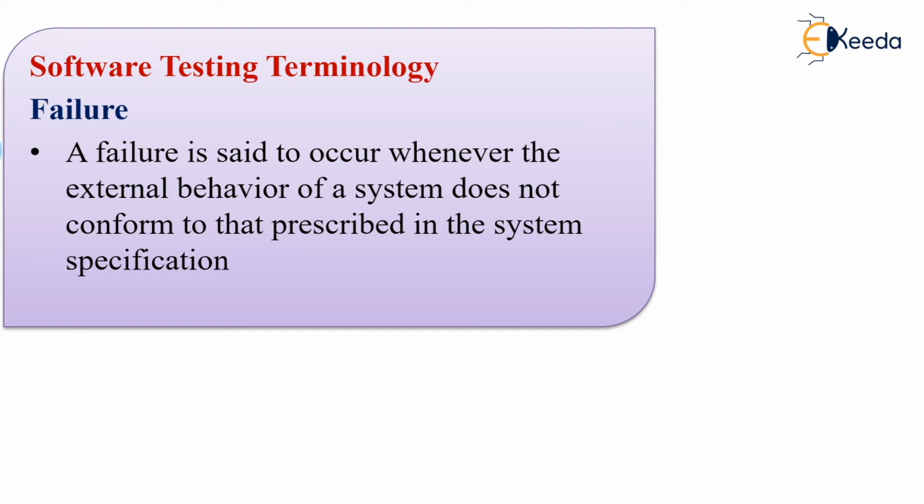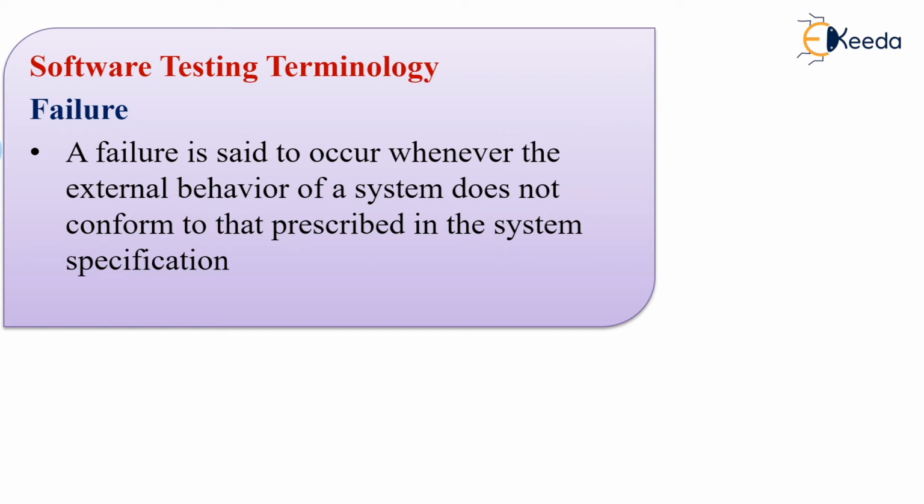A failure is said to occur whenever the external behavior of the system does not match or conform to the system specification defined in the documentation. During the design and documentation, all your requirements are put up.